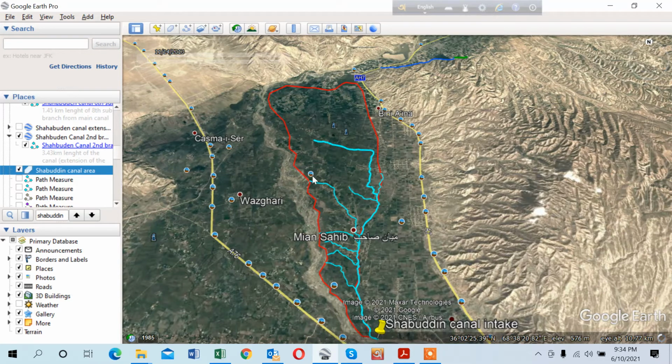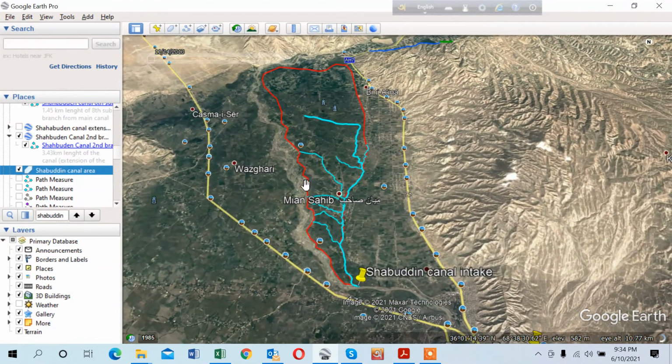So why do you need this spillway? When the water goes to the canal, there will be some sedimentation in the canal. To remove this sediment, you need some spillway, and through the spillway, the sediment will be discharged to the river. So you need 2-3 spillways for this command area.